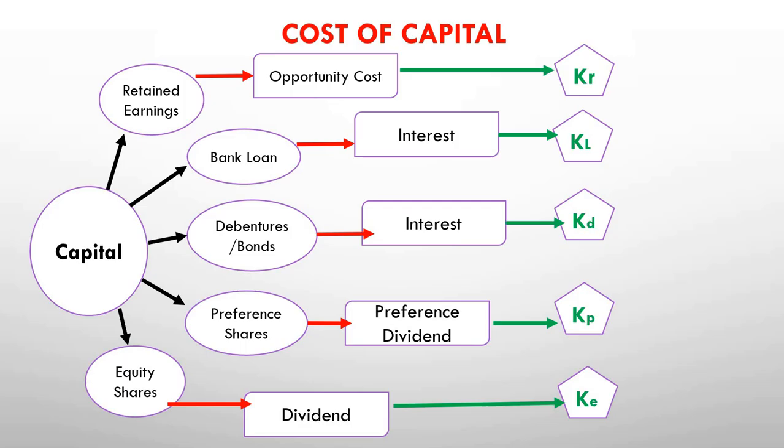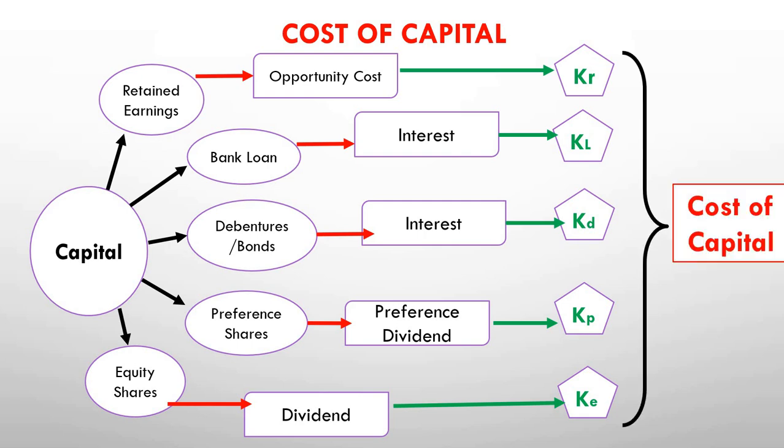That means if I am borrowing the money with the help of equity shareholders, I have to pay a certain cost to them. Now, if I am borrowing the money from all these sources, what I have to do is add all these costs, and that will be known as my cost of capital. I can also name it the overall cost of capital, so I'll be using the abbreviation KO.